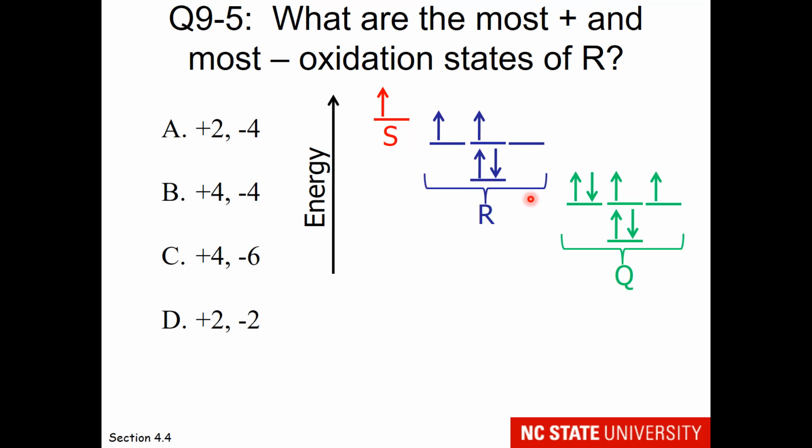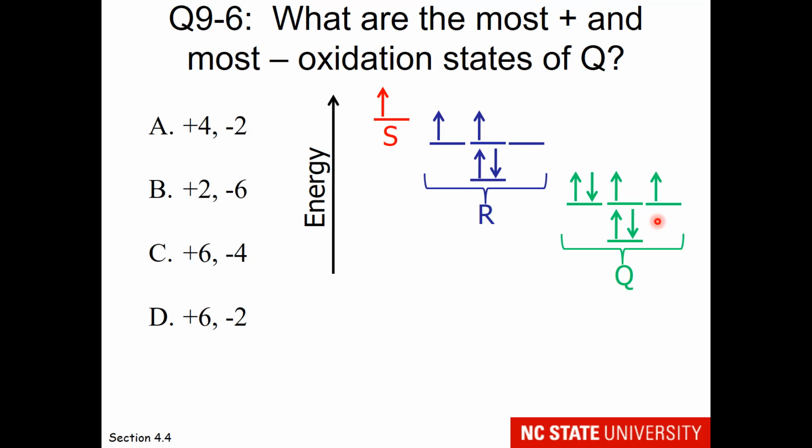What are the most positive and most negative oxidation states of R? So for most positive, take away all the valence electrons. And for most negative, add electrons to all the vacancies you see in the valence band.